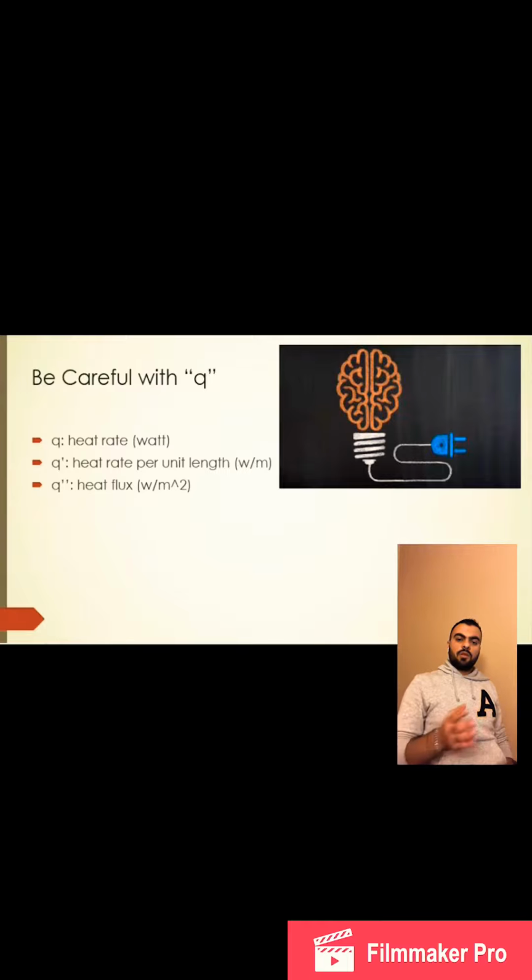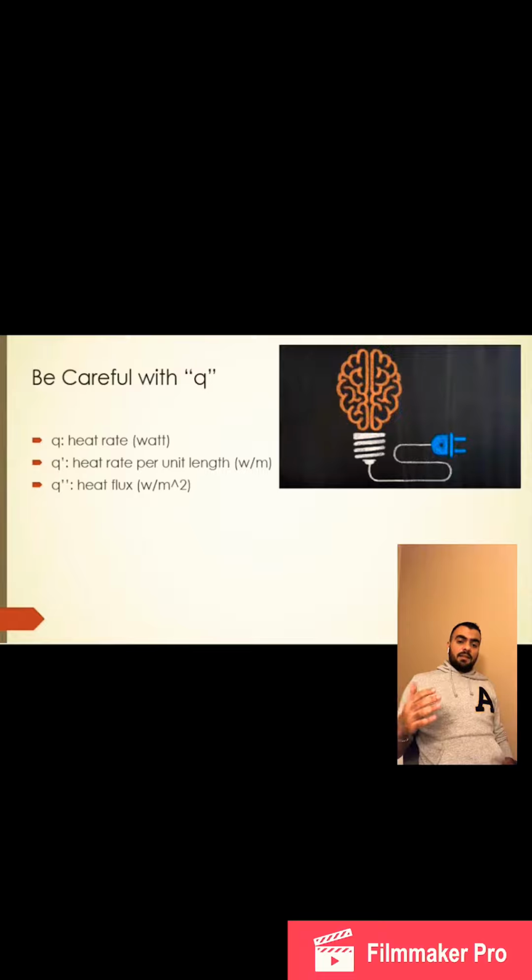Before we start solving the problem, I just want to mention something that is confusing for many students, and it is about Q. We have three different Qs. The first one is Q by itself, and it's the heat rate, in watt. The second Q is Q prime, and that is heat rate per unit length, so it's in watt per meter.